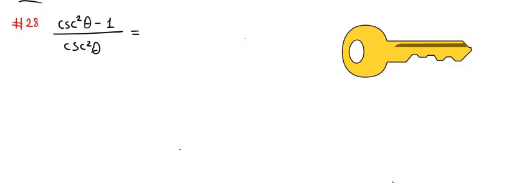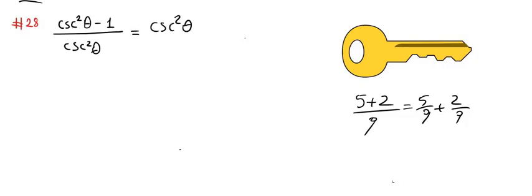Or we can separate this fraction because we have two terms in the numerator and one term in the denominator. It is like 5 plus 2 over 9. You can express it as 5 over 9 plus 2 over 9. We can do that because it's going to be easier, since cosecant squared cancels. So let's separate this fraction.